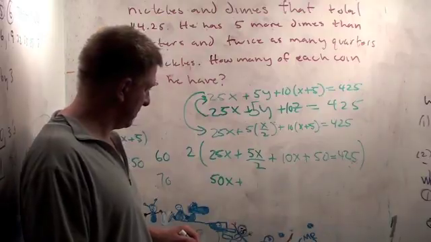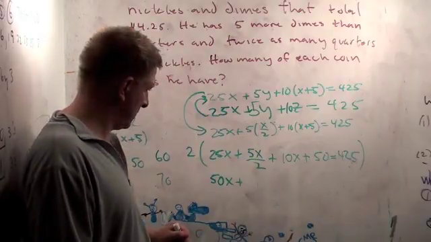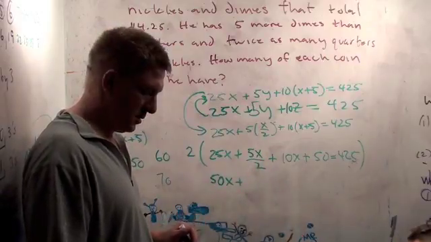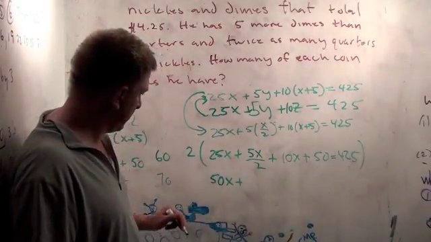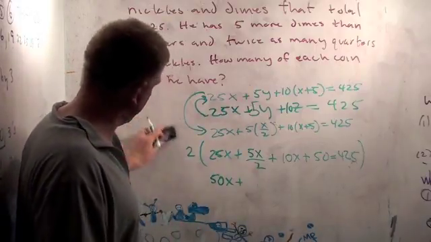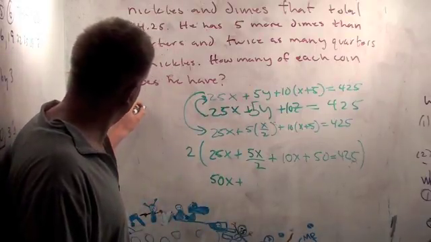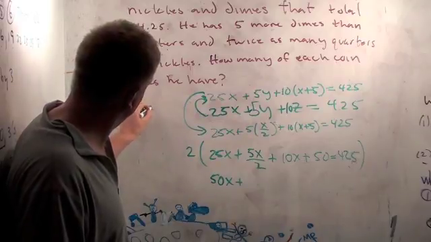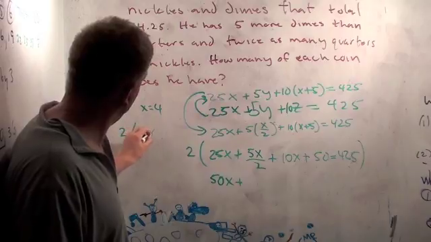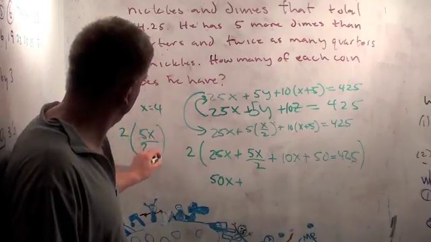Well, this half is going to get changed to 1 whole, and that's going to get changed to 10x. I know this is hard. This is something you've not seen before. So let's say x equals 4. We have 2 times 5x divided by 2.